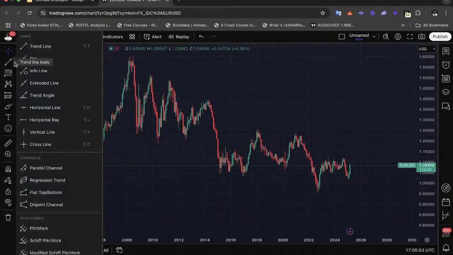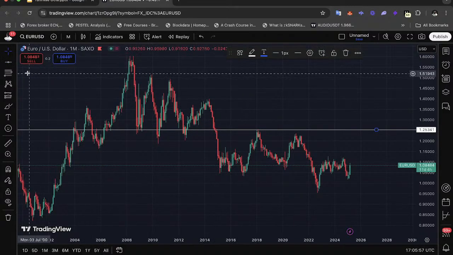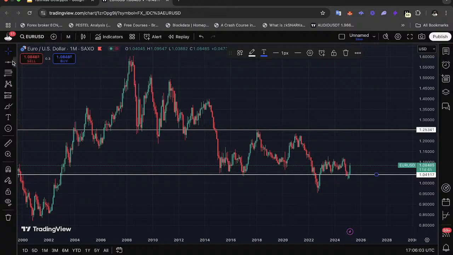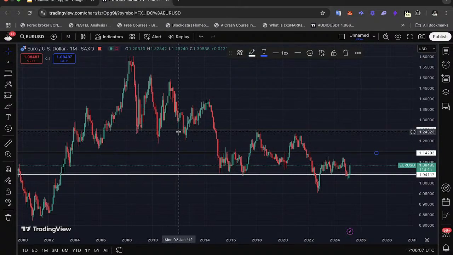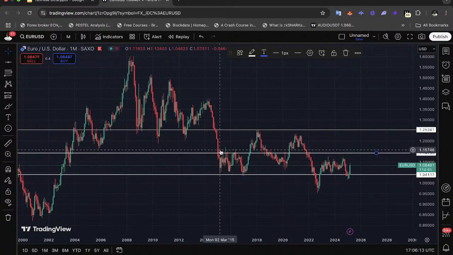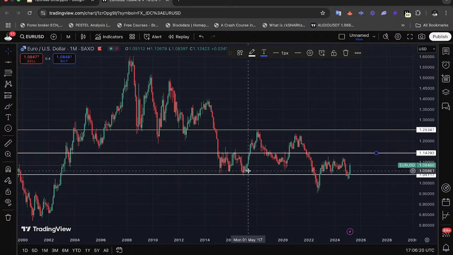Okay, so here, you can see that we map out level of resistance, level of support turned resistance, equally here level of resistance, okay, and here we mark our level of support, okay.